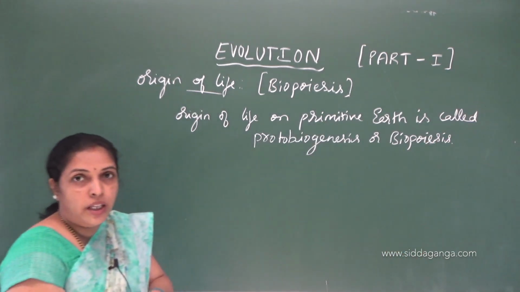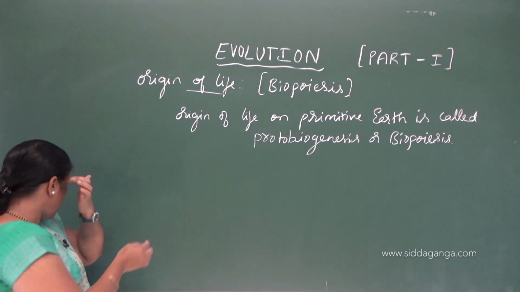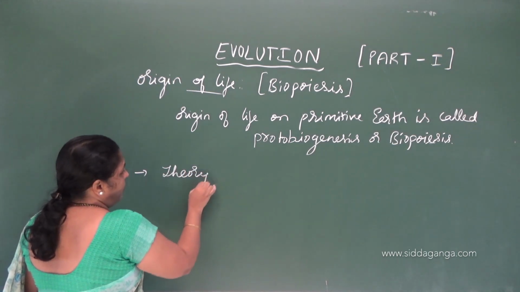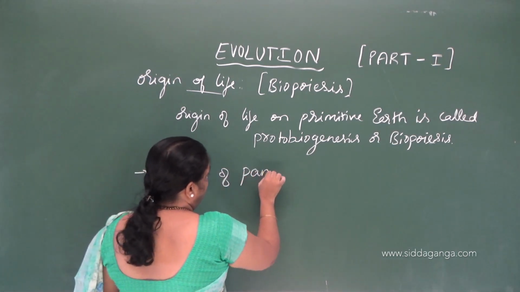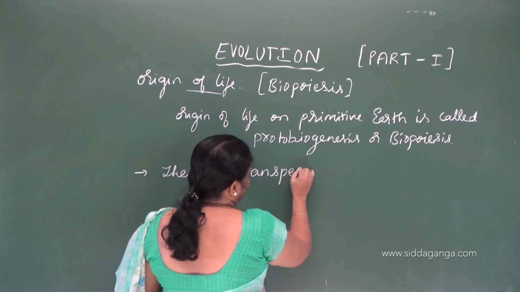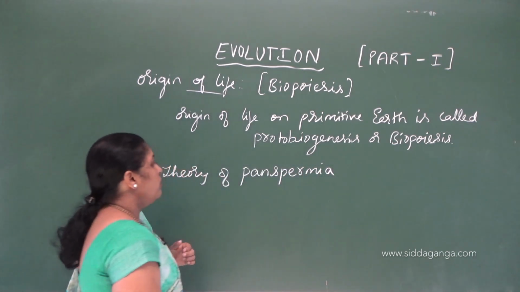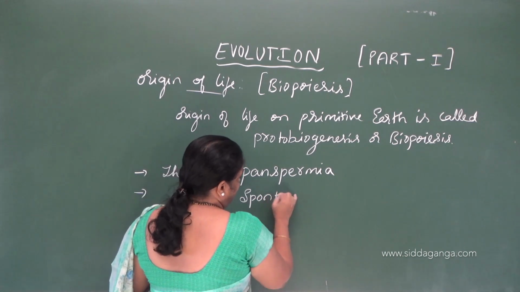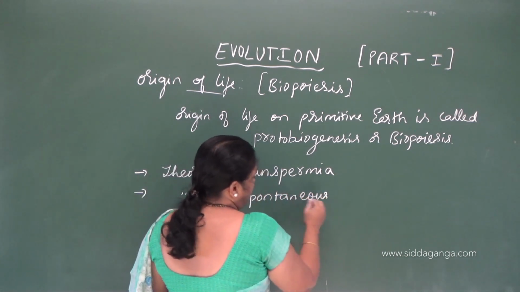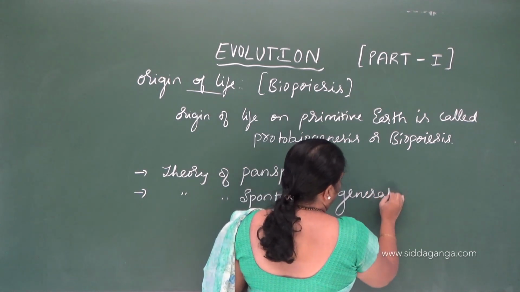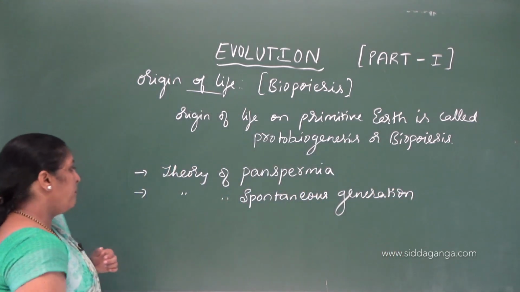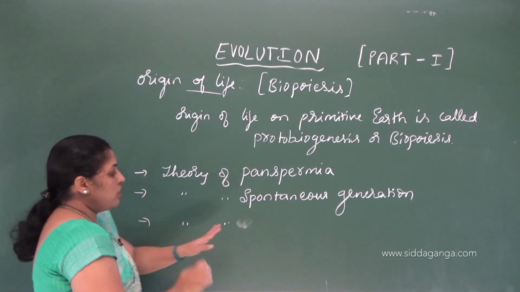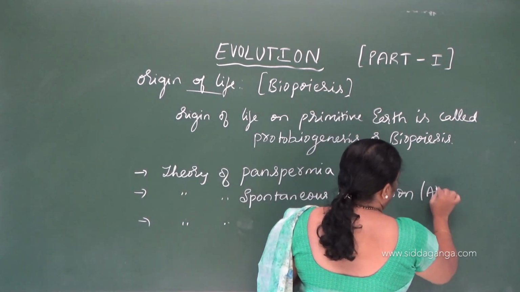So we have many theories, but we are going to discuss theory of panspermia. Next, theory of spontaneous generation, also called abiogenesis theory.